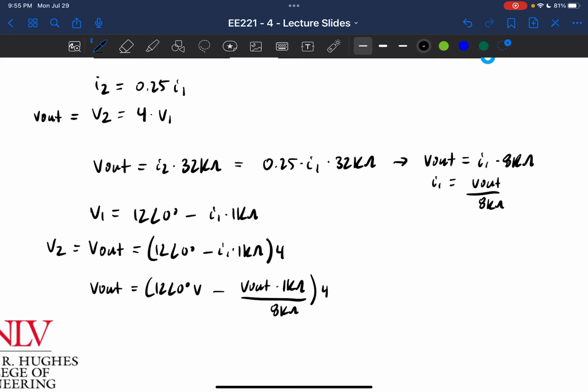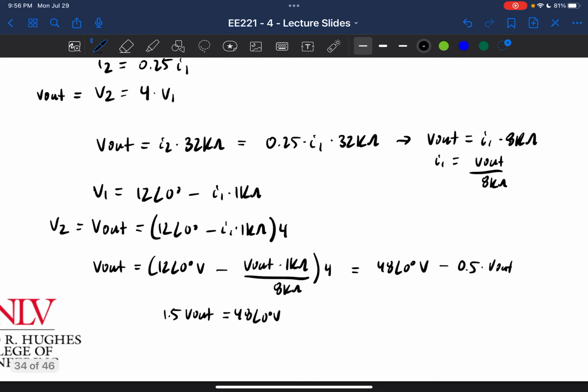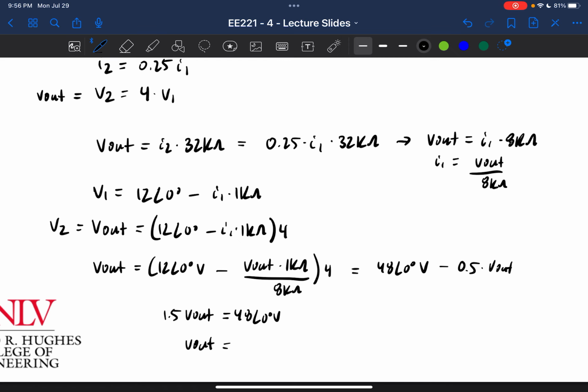So I can say that this is equal to 48 angle 0 minus 0.5 times V out. I can add the 0.5 V out to the original V out, so I get 1.5 V out is equal to 48 angle 0 volts. And lastly, I can say that V out is equal to 48 angle 0 divided by 1.5, or basically multiplied by 2/3. And so we get that V out is going to be 32 angle 0 volts.